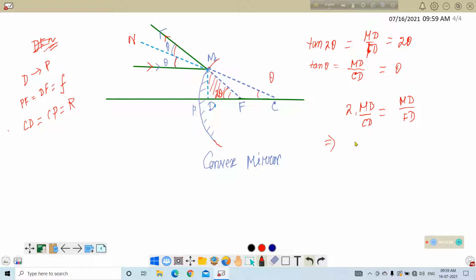That implies FD is equal to CD by 2. That implies when the points D and P are identical, then FP is equal to CP by 2, and that implies F is equal to R by 2.